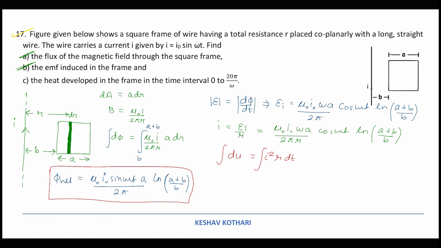So I square r gives mu naught square I naught square omega square a square upon 4 pi square r square, ln of (a plus b) by b whole square, and we are left with the integration of cos square omega t dt from 0 to 20 pi by omega.